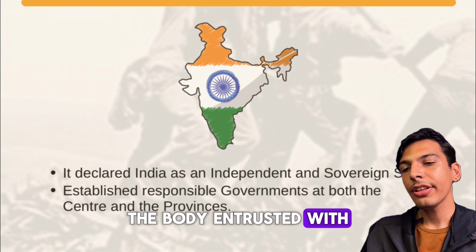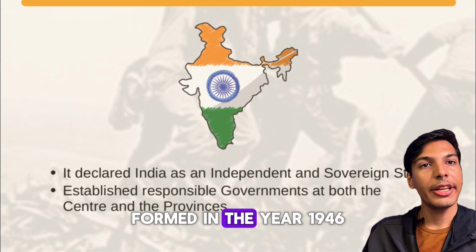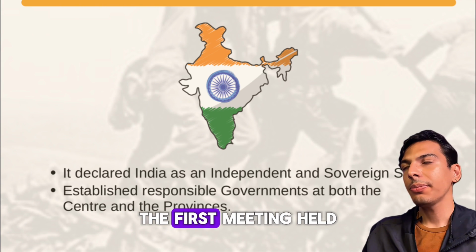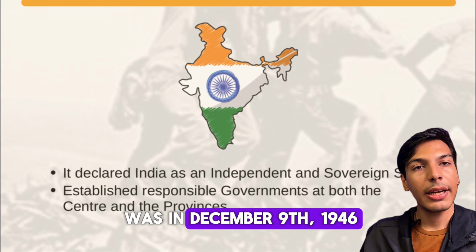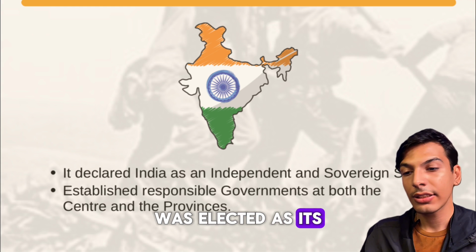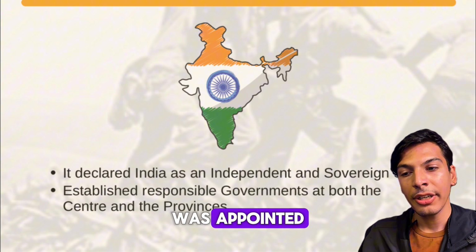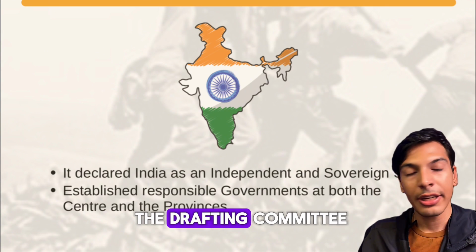The body entrusted with this monumental task was the Constituent Assembly, formed in the year 1946. The first meeting was held on December 9th, 1946. Dr. Rajendra Prasad was elected as its president, and the brilliant Dr. B.R. Ambedkar was appointed as the chairman of the drafting committee.